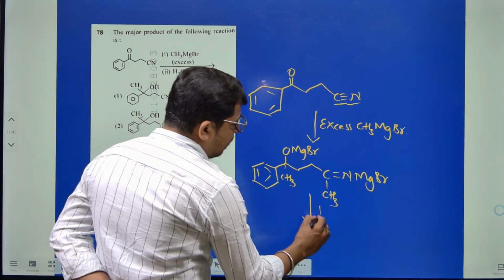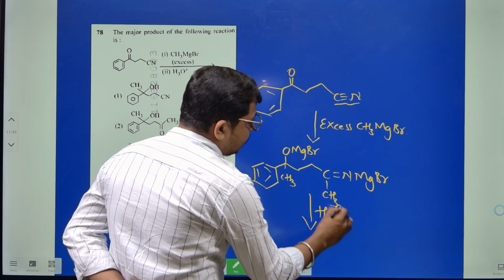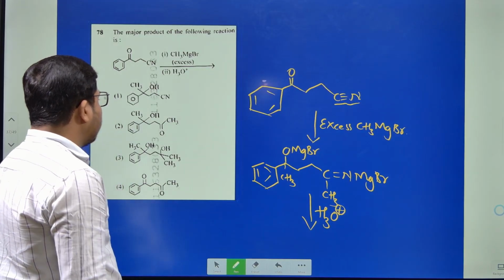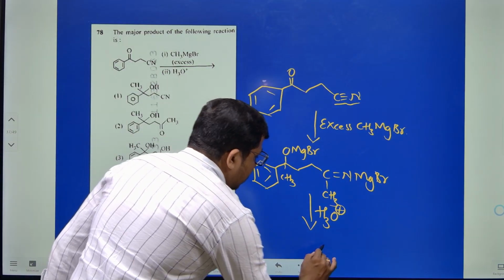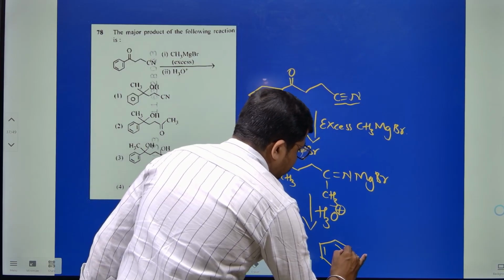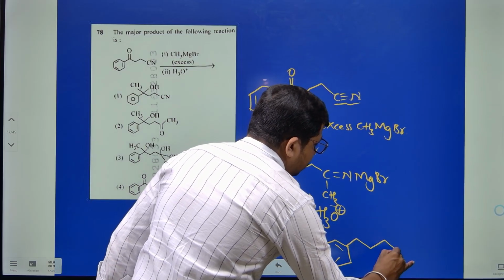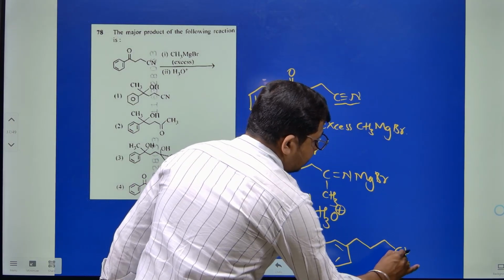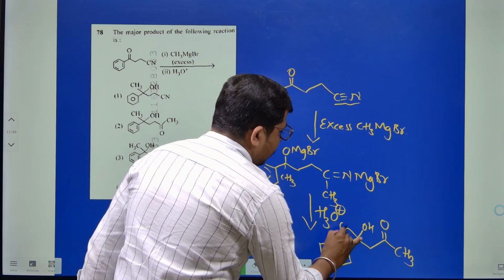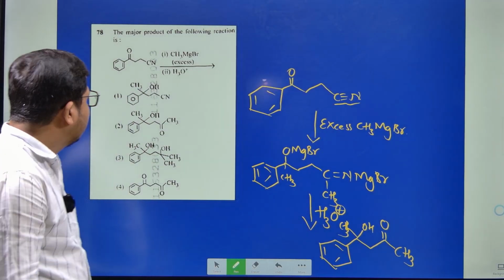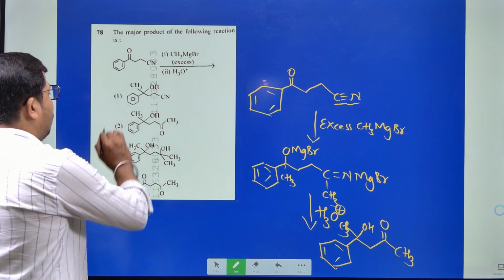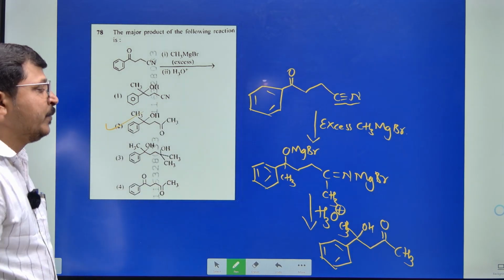After H3O, meaning hydrolysis, this will give the product with OH and CH3. See the product present in option number 2. The right option is option number 2.